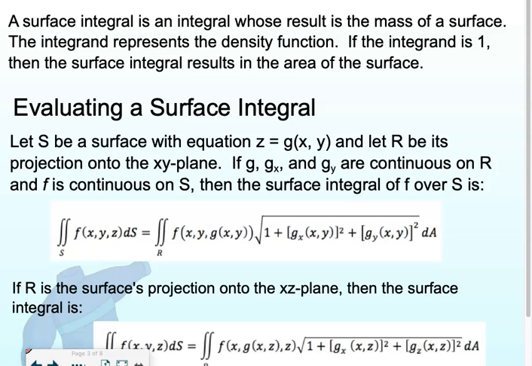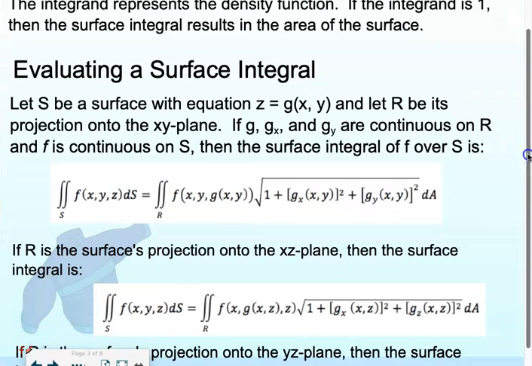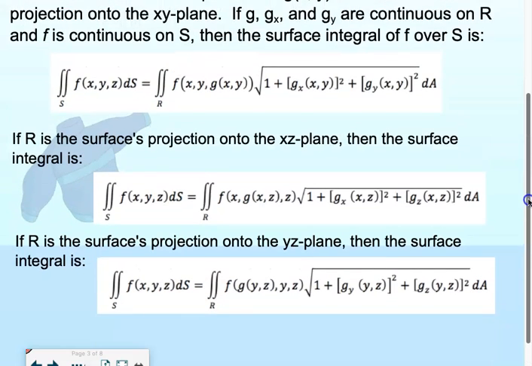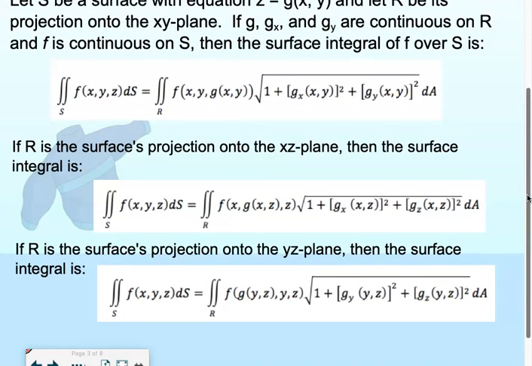But you might have a surface that's sideways, and it's the same thing. This is if you're projecting onto the xz plane, and this is if you're projecting onto the yz plane. Everything's the same. You're just using the variables according to what you're given.